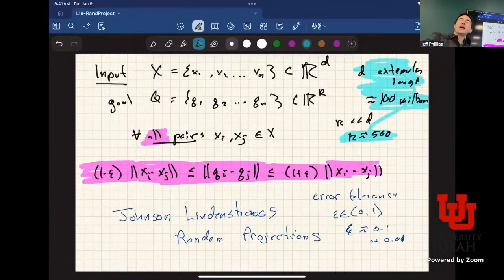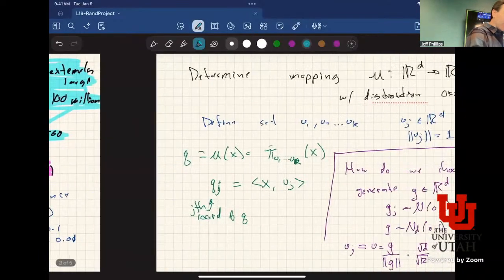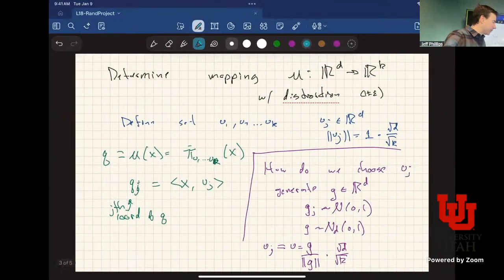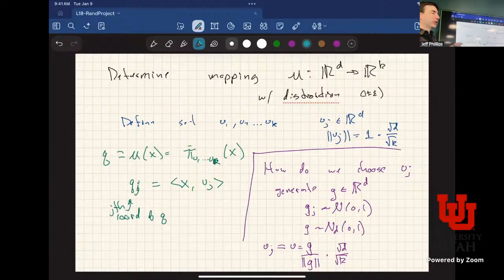The one other advantage of this that PCA does not have is that to define this function, right? This function, which is projecting down to a lower dimensional space, I did not need to look at the data ahead of time to define the function. It's completely oblivious to the data. Maybe I needed to know how many data points I would ultimately want to ask questions about, because that defined how big k needed to be.